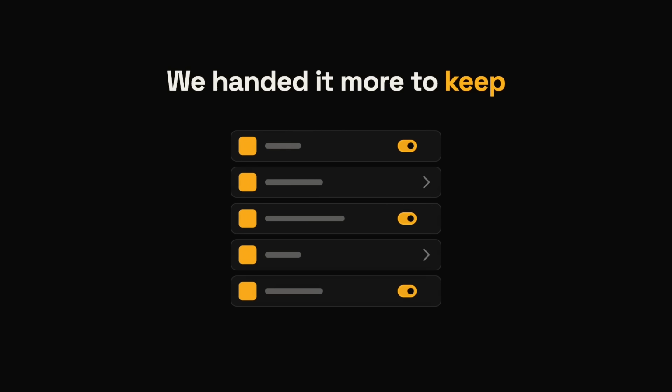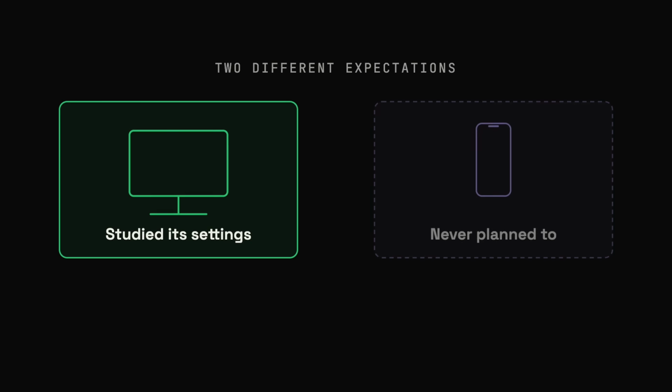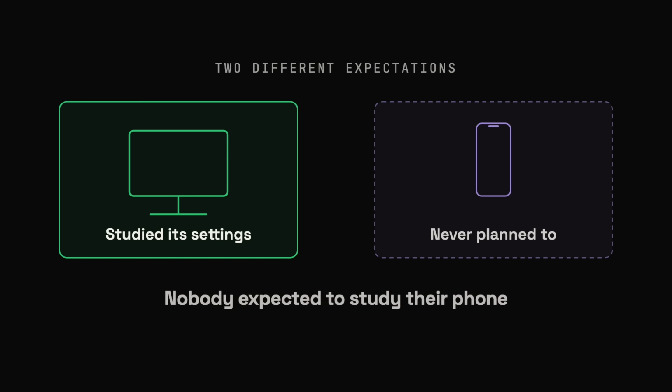It grew because we handed the device way more to keep. Remember, these devices were originally marketed as very intuitive devices. When I first started to learn about computers, I invested time in understanding settings on my computer, on my desktop operating system, but not on my phone. That wasn't part of the original plan.